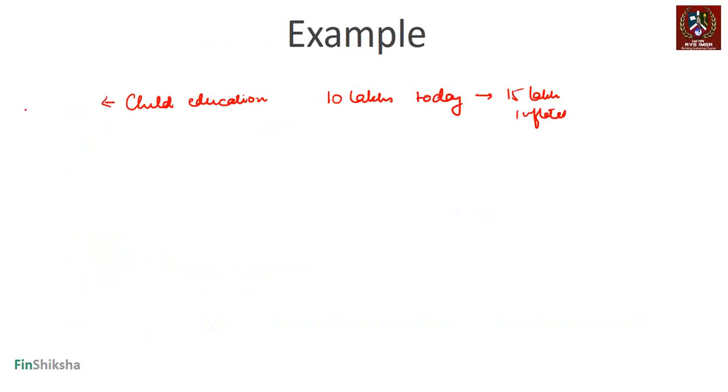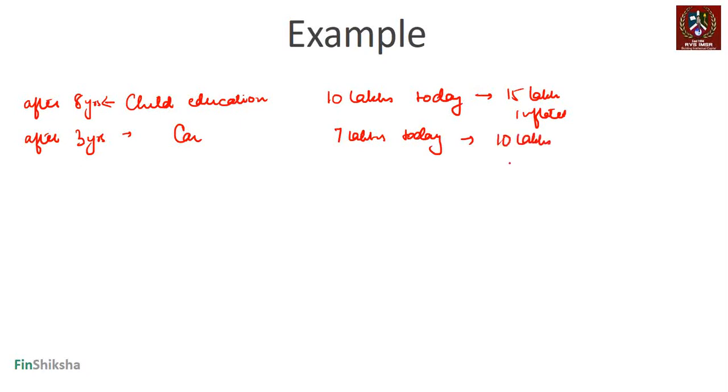And maybe this comes after 8 years, right? You could have another goal which comes after, let's say, 3 years, which is you want to purchase a car, and that's worth maybe 7 lakhs today, but after 3 years, based on the inflation, that might be worth 10 lakhs, right? That's the inflated value.